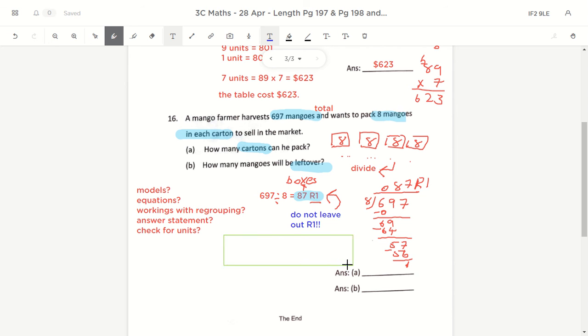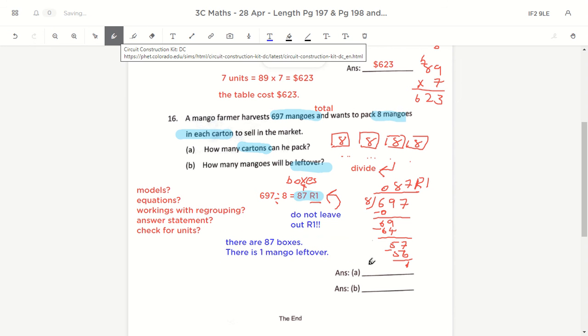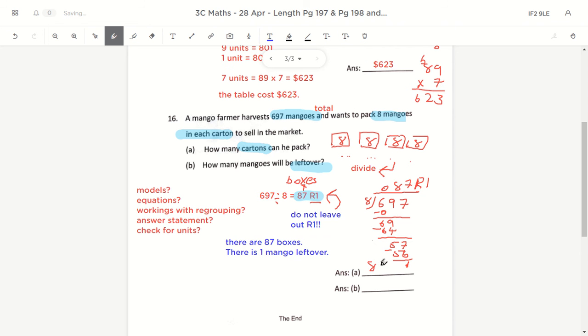So write an answer statement first. There are 87 boxes, and also there is 1 mango left over. There are no units over here, so it's 87 boxes and 1 remainder.